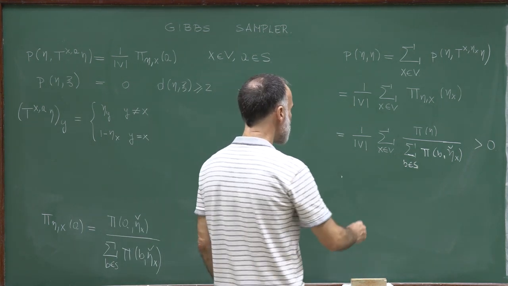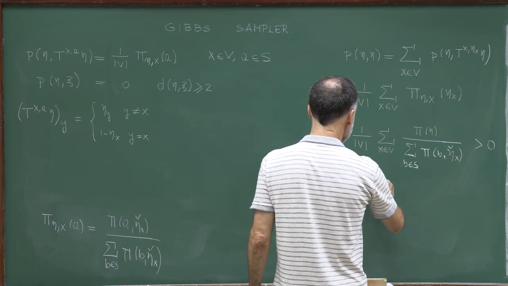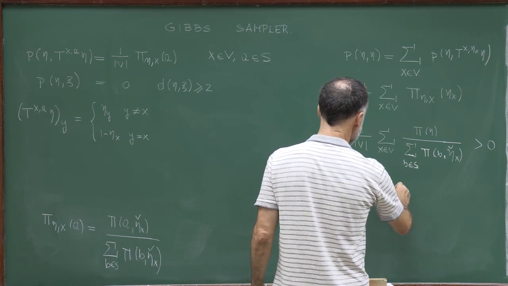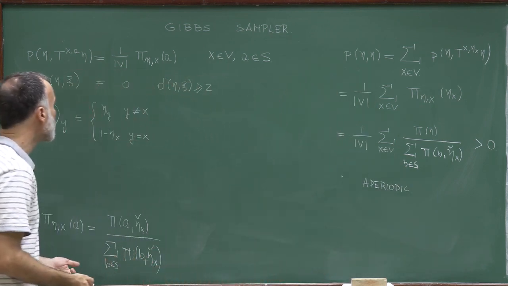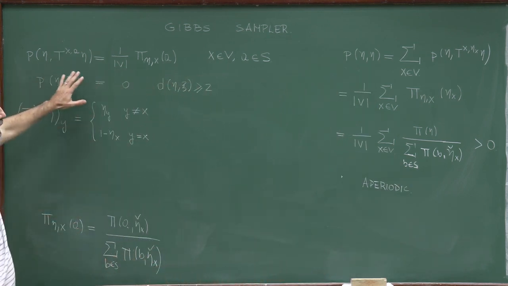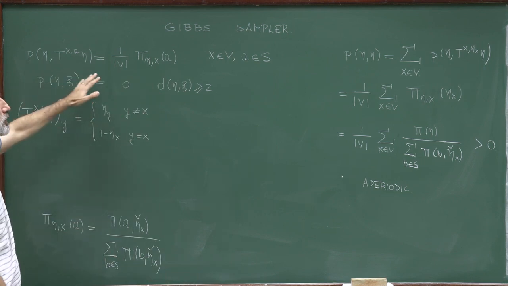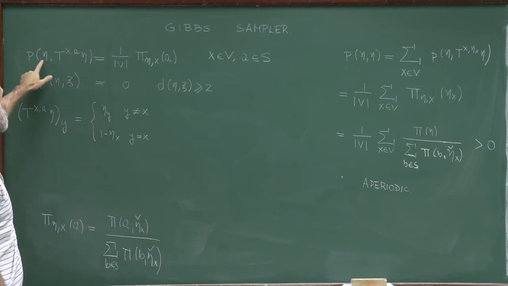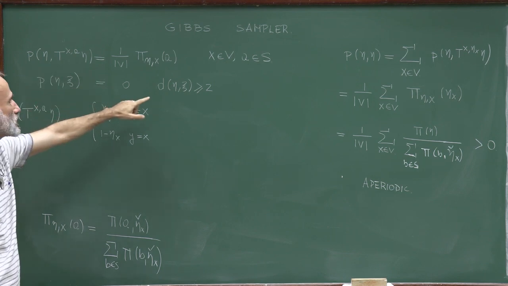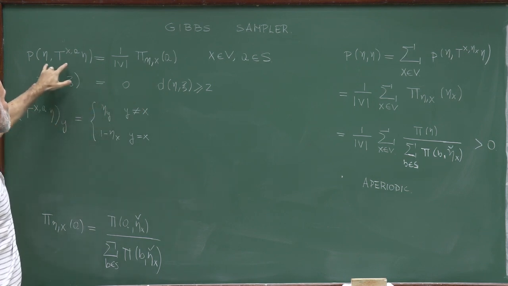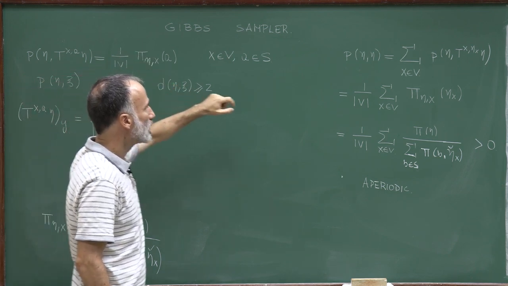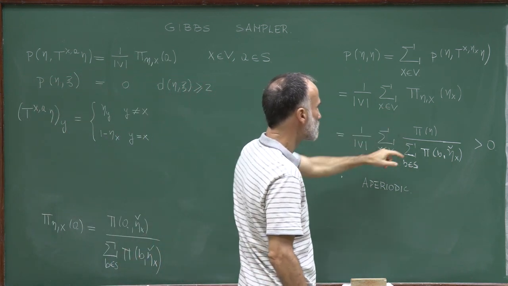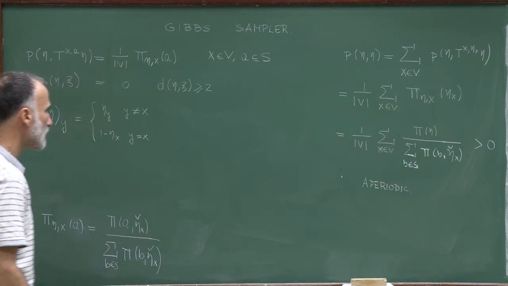In particular, this chain is aperiodic because you can jump from eta to eta with a positive probability. So that gives you an entire description of the transition probability, right? If the distance is larger than 2, then it's 0. If it's exactly equal to 1, then it's given by that. And here is the probability that you jump from eta to eta.